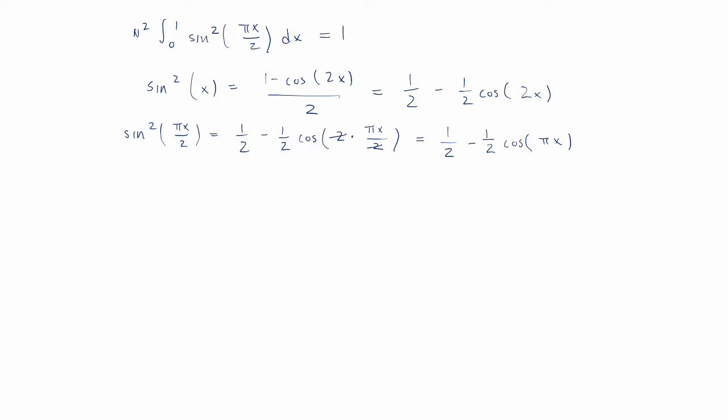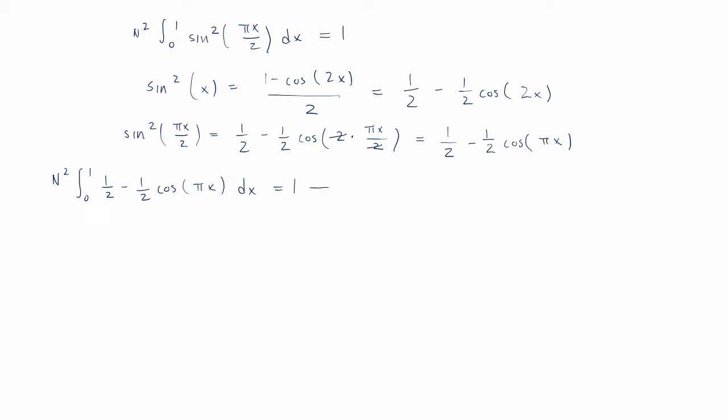So now I'm going to substitute this expression into the integral. I have n squared, the integral from 0 to 1, 1/2 minus 1/2 cosine of pi x dx, and I'm setting that equal to 1.